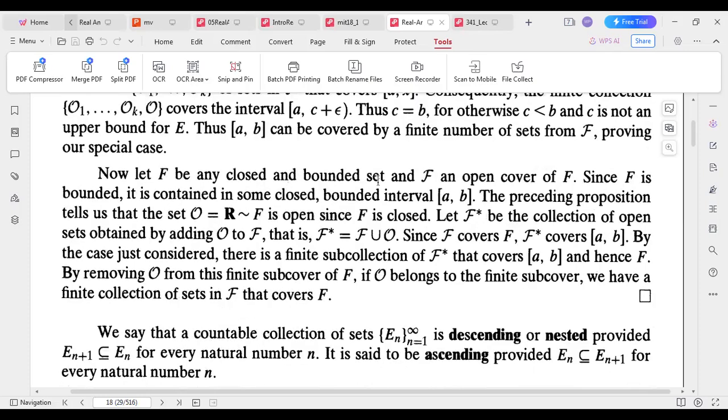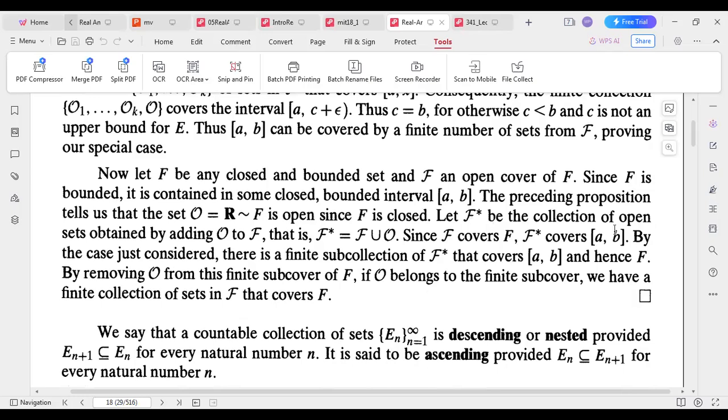Now let F be a closed and bounded set and curly F an open cover of capital F. Since capital F is bounded, it is contained in some closed bounded interval [a, b]. In this, the preceding proposition tells us that O equals the real numbers minus F is open since F is closed.